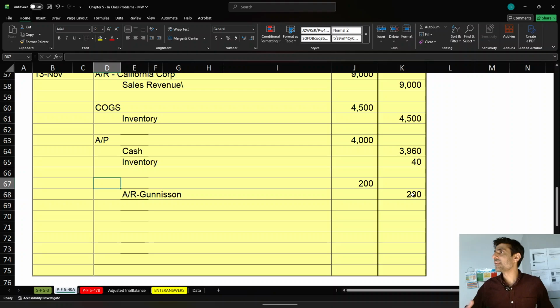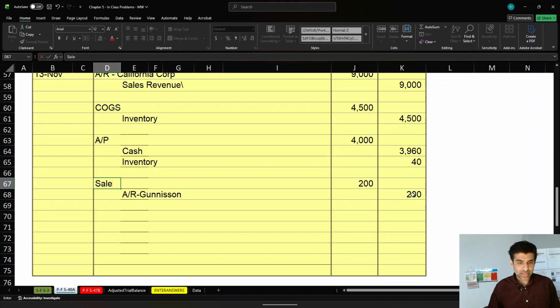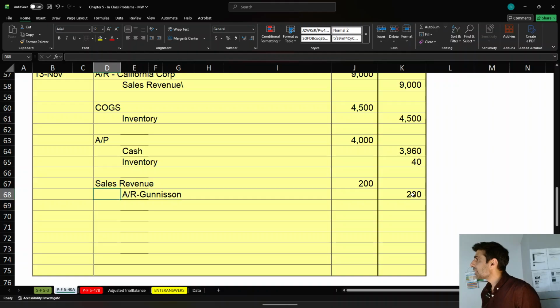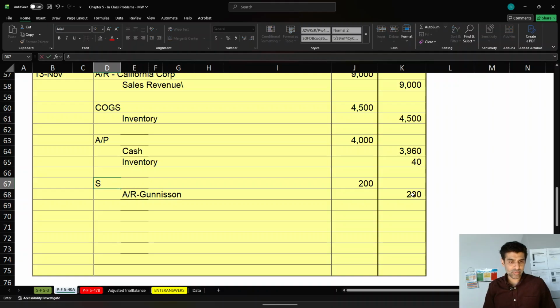Because that's less than what I could say that I've generated in sales. And again, we could do this and that would be coherent, but we have these contra accounts that we're going to use to track when our customer takes a discount or when we have a return or allowance. So instead, we're going to move this to our sales, returns, and allowances account.